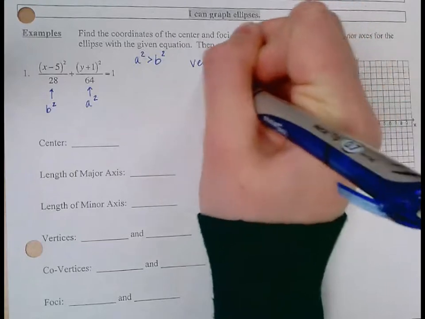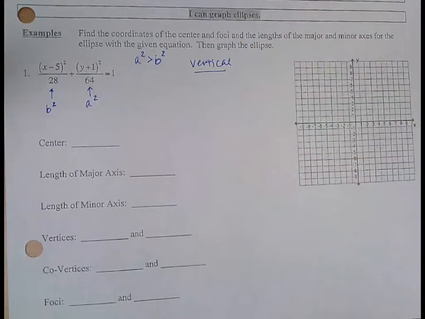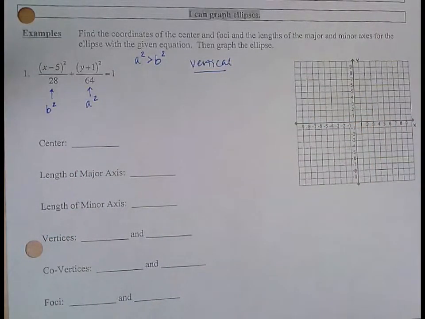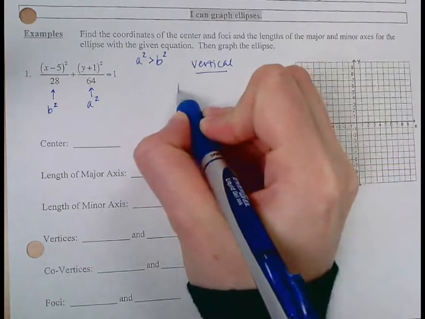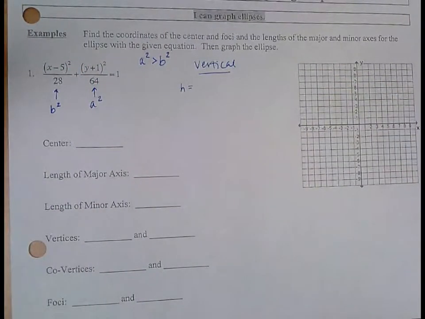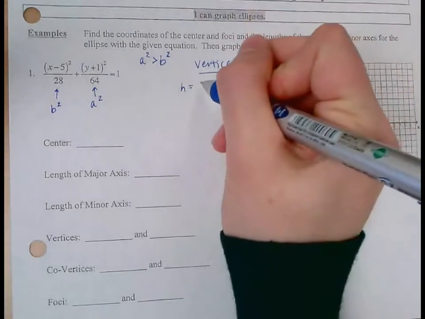So identify that first so you know what formulas to use to find your vertices and your covertices and your foci. Usually then what I'll identify as well is to use any of those formulas, you need to know H, K, A, and B. So in this formula, what is your H value? 5, positive 5.